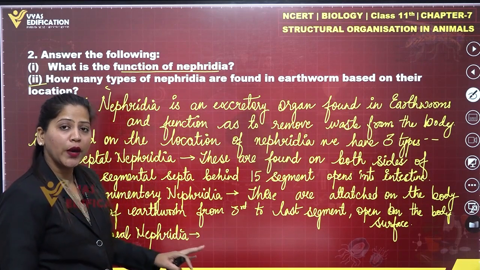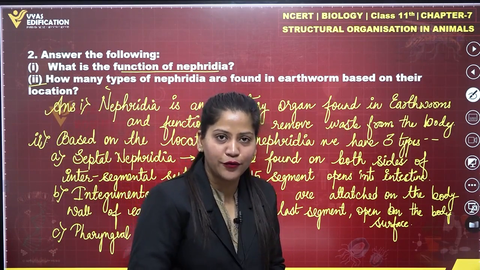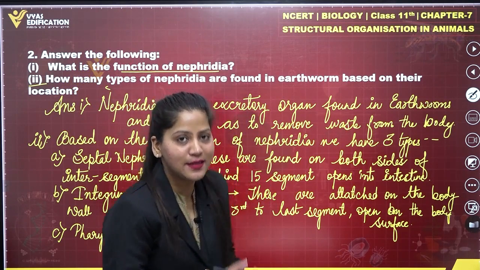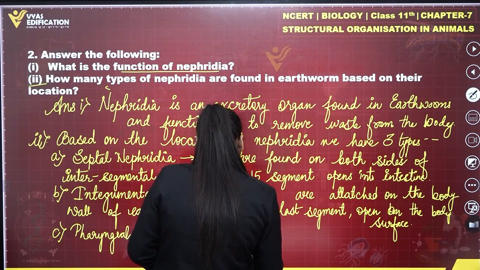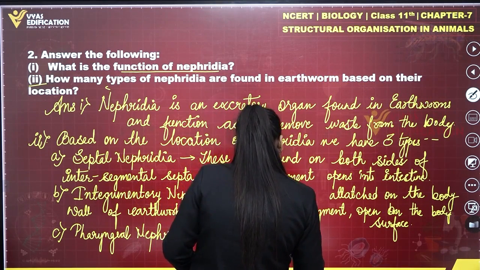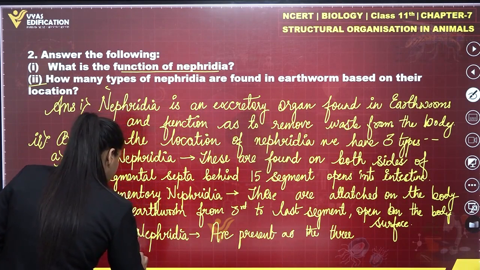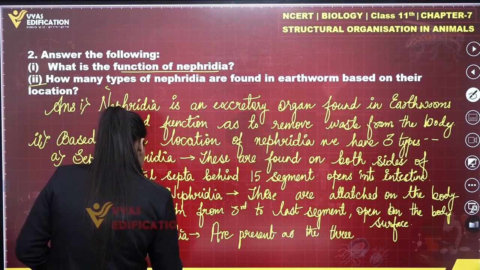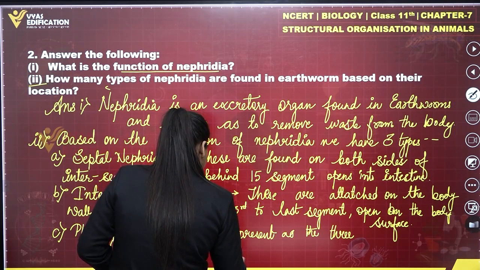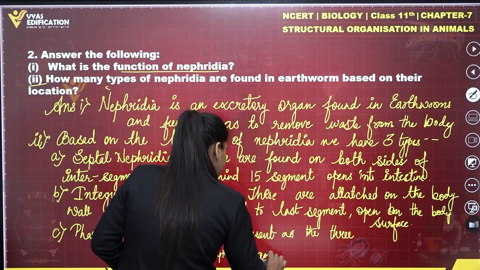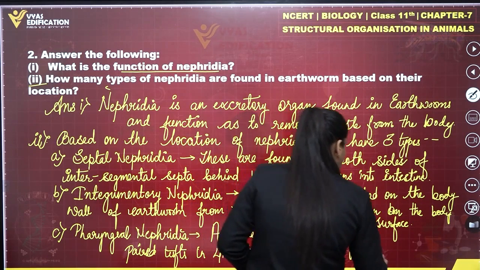The location of this last one: these are present as 3 paired tufts in the 4th, 5th and 6th segment of earthworm.